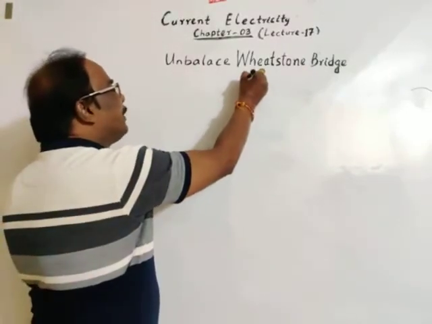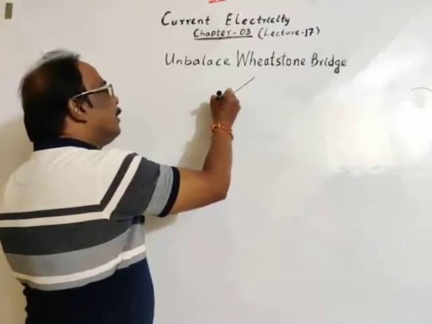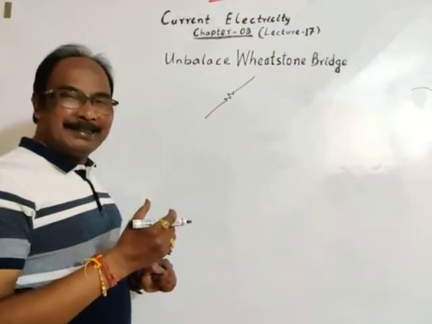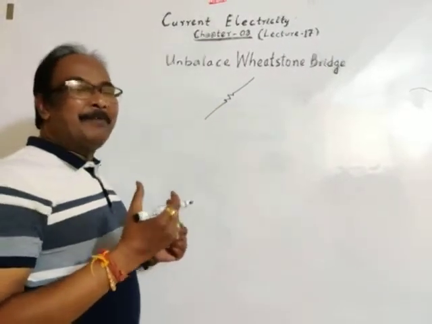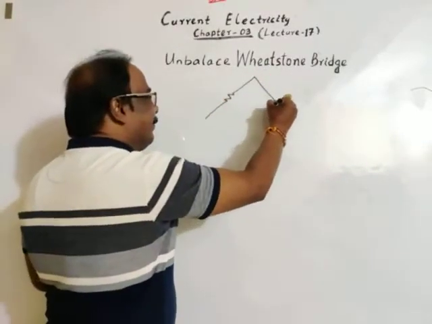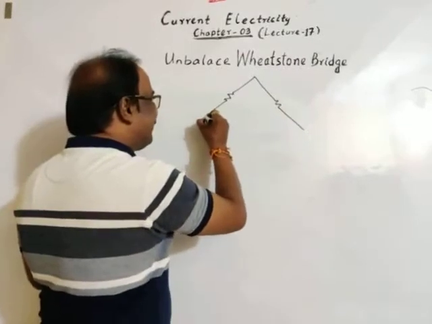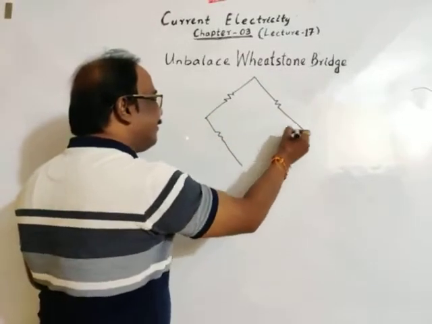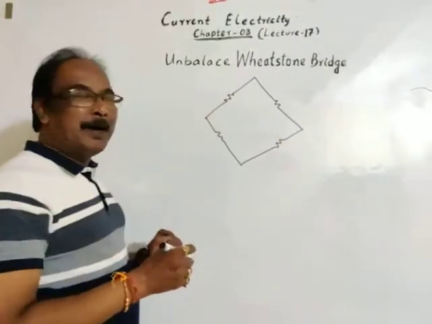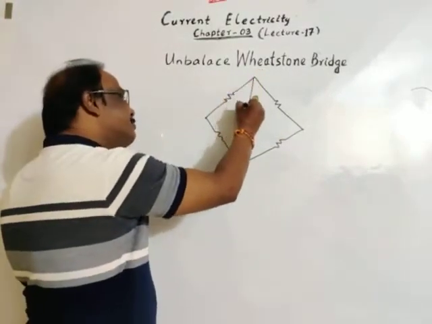Balanced Wheatstone Bridge. A Wheatstone Bridge consists of 4 resistors in the form of a bridge: first, second, third, and fourth.